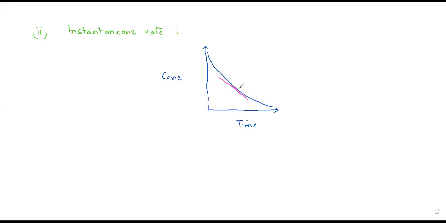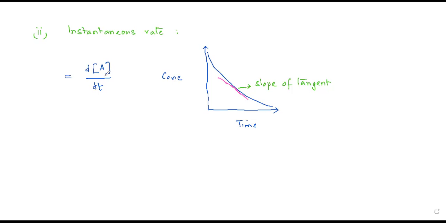Now this can be given as mathematically it can be given as d concentration of A by dt, where this d refers to small change in the concentration of A in small interval of time dt.